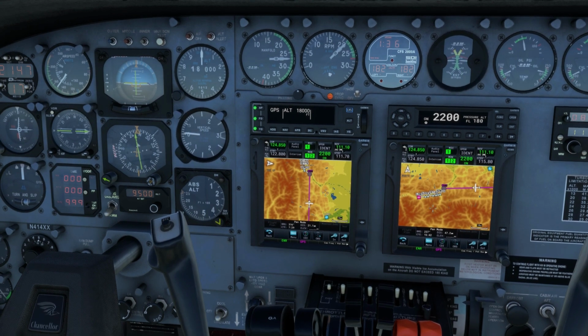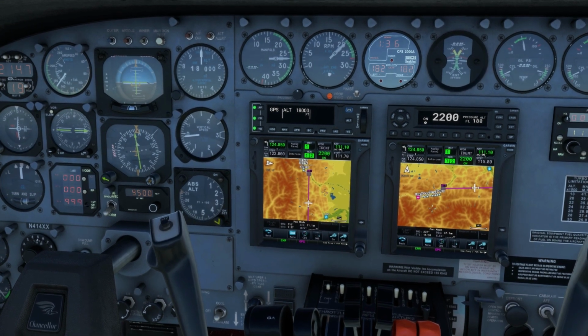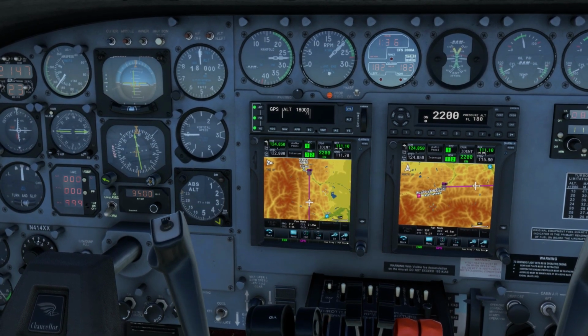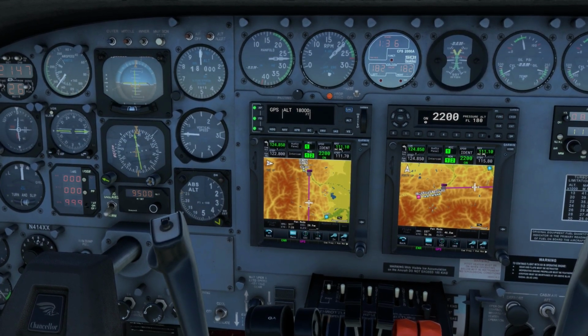In any case, I'm gonna visually see the runway, so I'm gonna make adjustments if necessary.